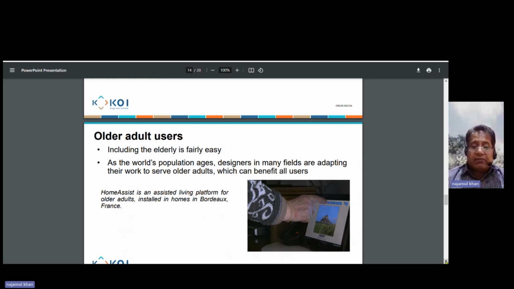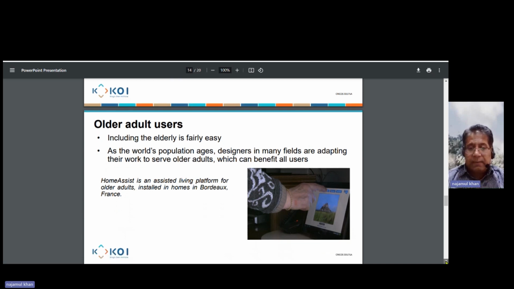And once again, responsibility lies on the shoulders of designers to ensure that these people are also the center of their attention when it comes to designing devices for them. Okay, all right, let's keep moving here.